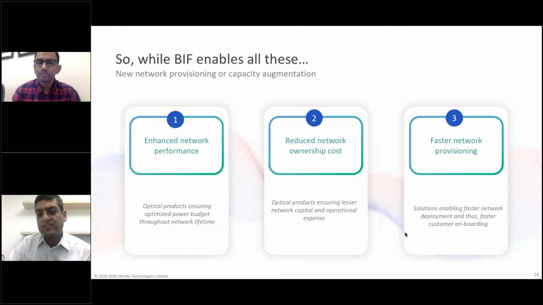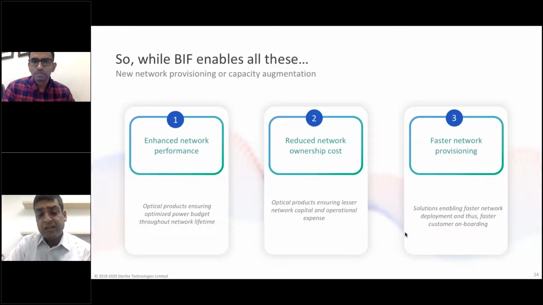We talked about the ways in which the network ownership costs can be reduced significantly using bend-insensitive fiber. And finally, we talked about faster network provisioning using bend-insensitive fiber. There's a very, very clear advantage that we have seen in all our studies, all our field trials, that G.657A2 fibers have. But that's not the whole story.